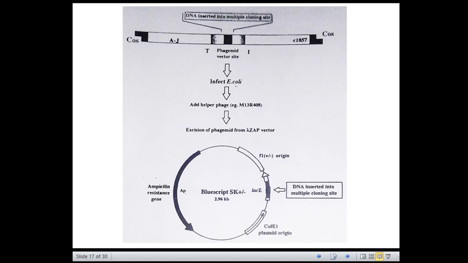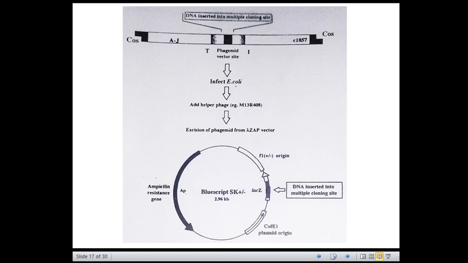And in addition, vectors which have the combined properties of phages and plasmids, which we call phagemids, are also established and frequently used cloning vectors. Speaking about M13, it is a filamentous coliphage with a genome composed of single-stranded circular DNA.